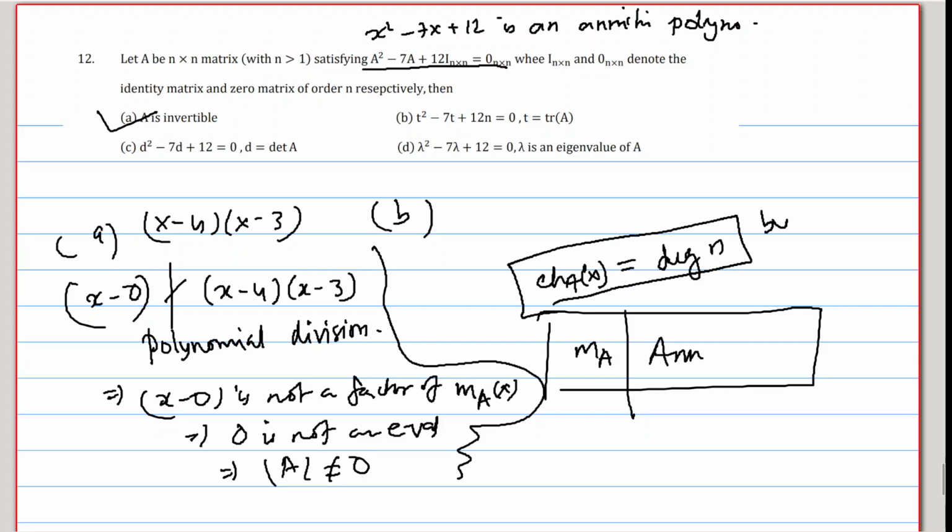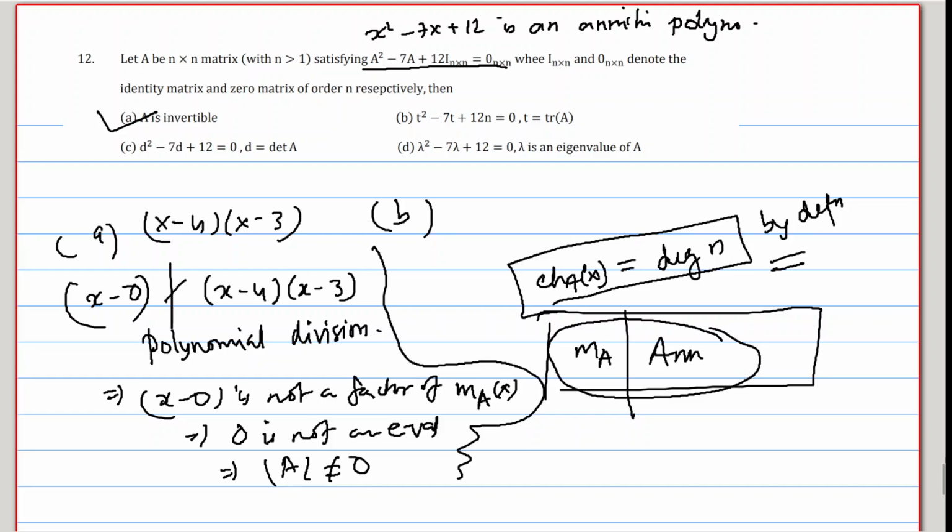So this is a safer way. Suppose the minimal polynomial M_A divides the annihilating polynomial. That means x minus 0 is not a factor of M_A, so 0 is not an eigenvalue, which means the determinant of A is not 0.